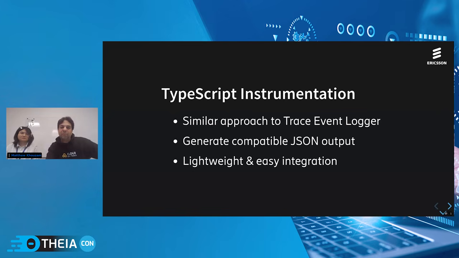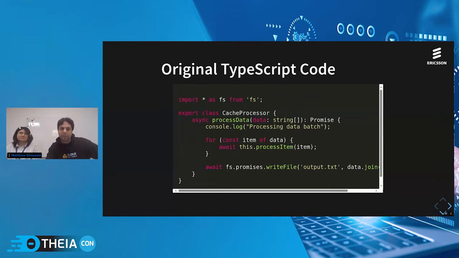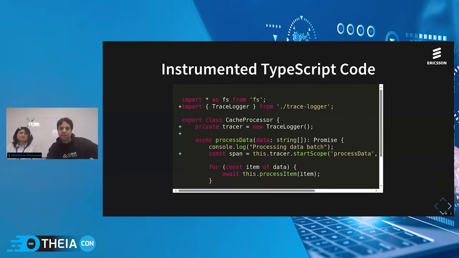So in TypeScript, we have a similar approach. This is something that we have instrumented our code with. And I'm going to just show you very quickly the code. Here's code that you might have, like a cache processor. And then you import a trace logger, and you can see the way that it's done here.